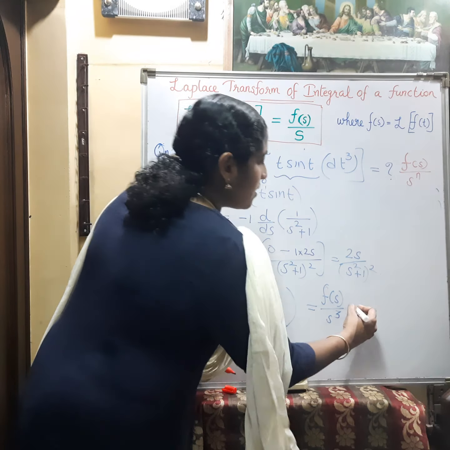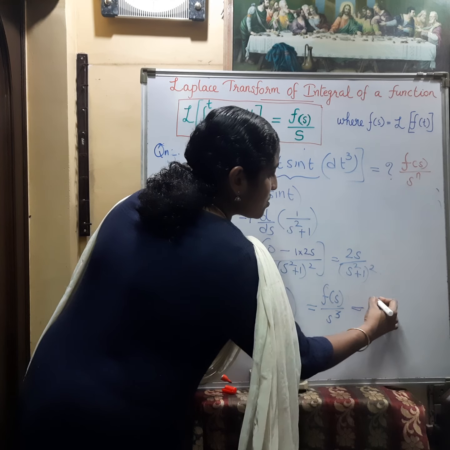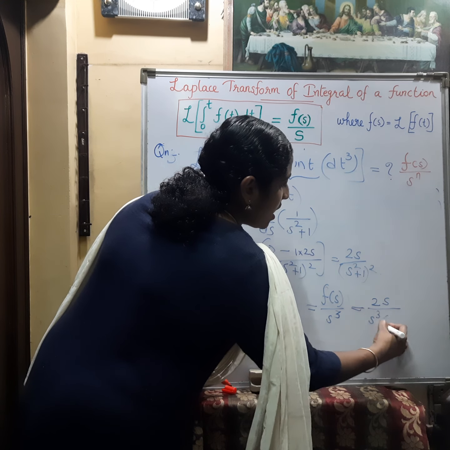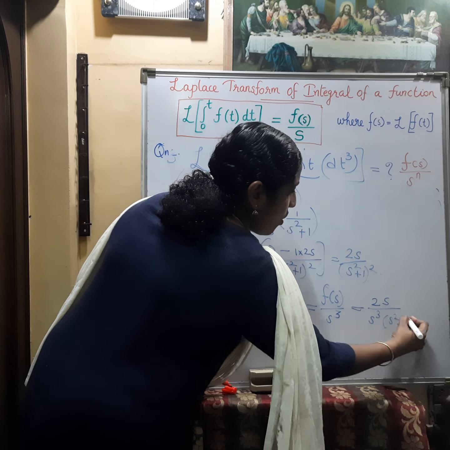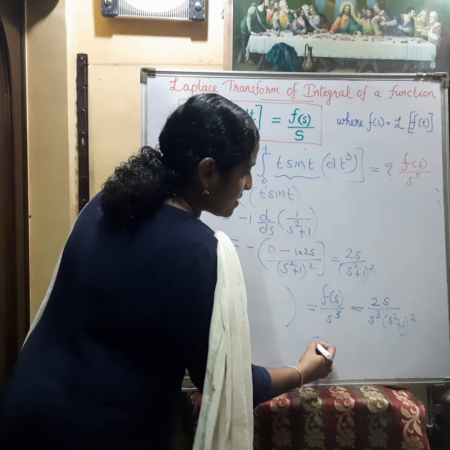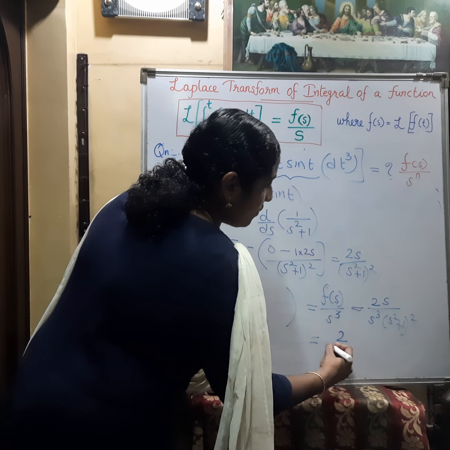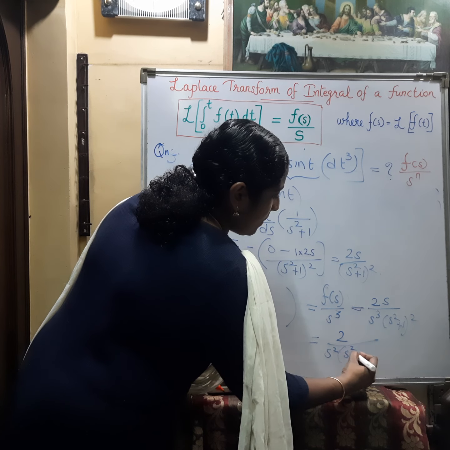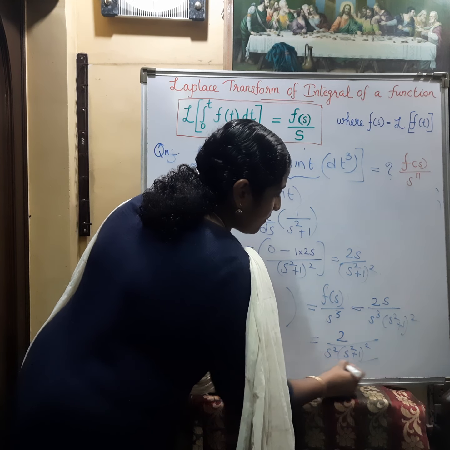So the answer will be this divided by s³, that is 2s divided by s³ (s² + 1)². So this s and one s will cancel, and we will get 2 divided by s² (s² + 1)².